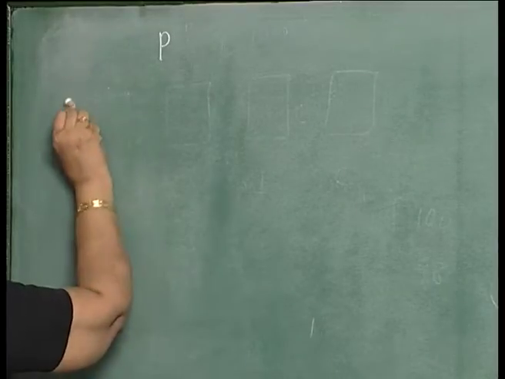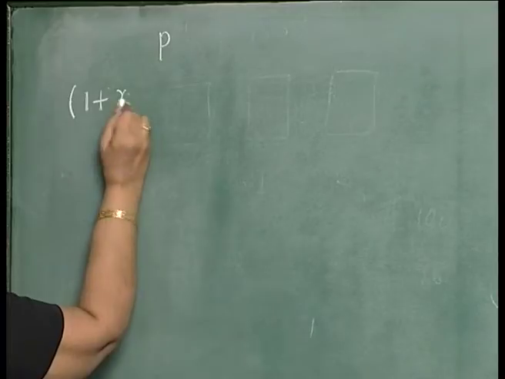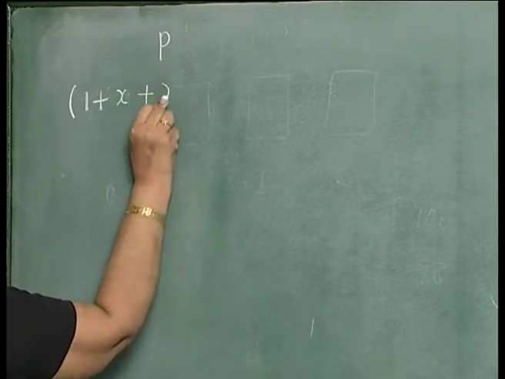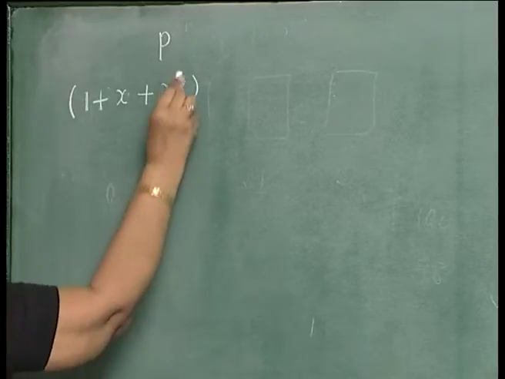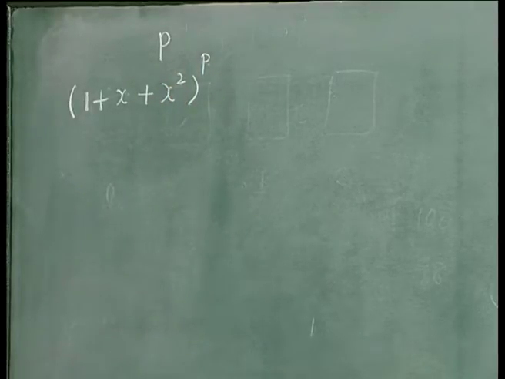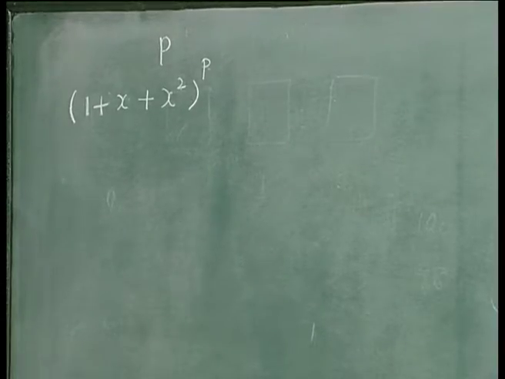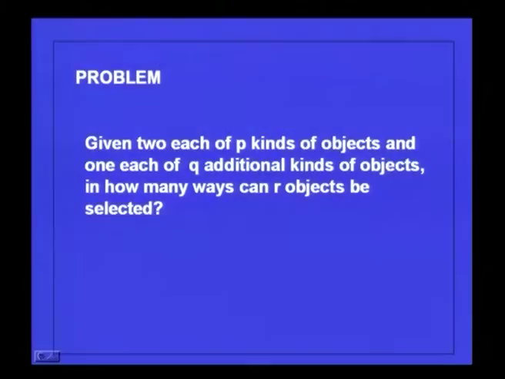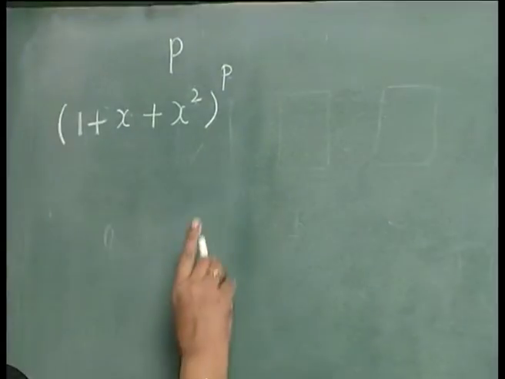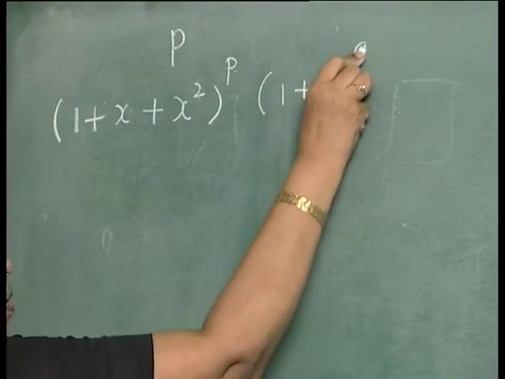So, if you take one of them, you can select it once or you can select it twice. This is the enumerator for the p kinds of objects, and you are having q additional kinds of objects, each you have only one of them. So, either you can choose them or not choose them.